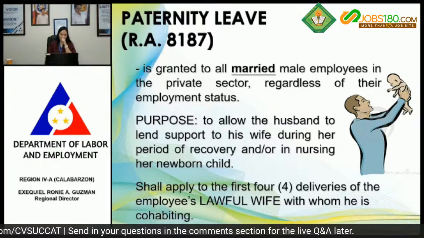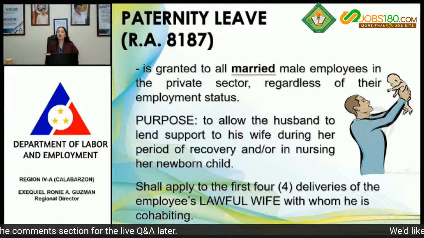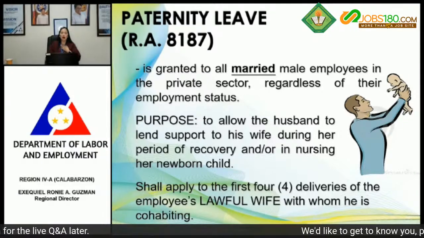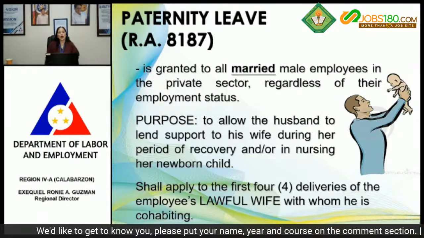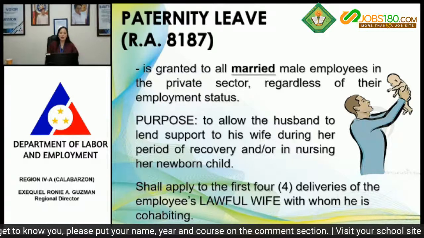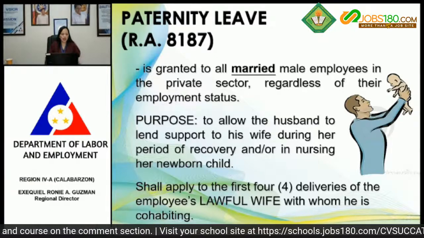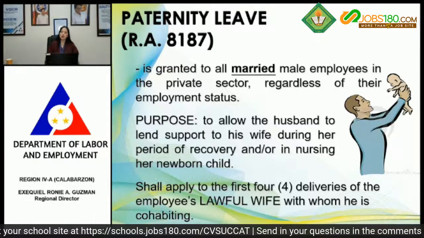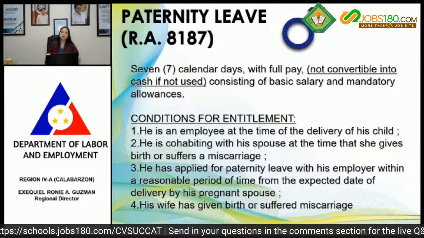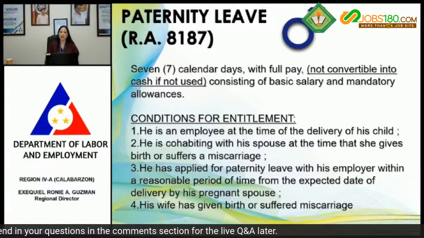And it should be availed by the legal wife with whom he is cohabiting. Not just married, they must be living together. Maybe during the process they were living together, but by the time the child was born the couple had separated, he can no longer avail of paternity leave. And these are the conditions. It is 7 days, it could be staggered or continuous, and it is paid by SSS.